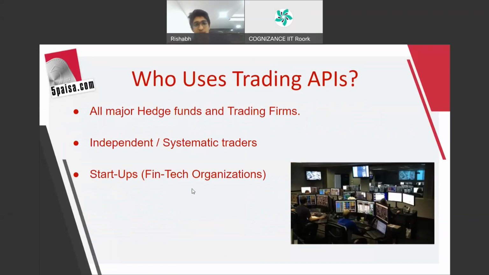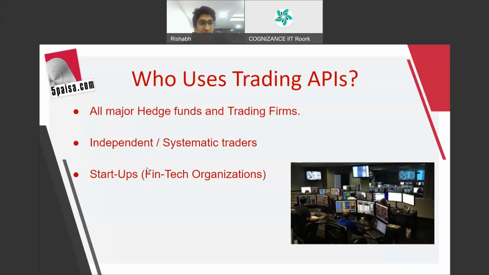Now, who is using algo trading? All the major hedge funds, JP Morgan, the trading companies, Morgan Stanley, a lot of companies that might have come to your campus. Even they are using trading APIs. So if you want to do it as a learning experience also, you can go for it and pursue some basic courses on how you can get started with trading APIs. There I'll show how 5paisa APIs are so simple to work with.